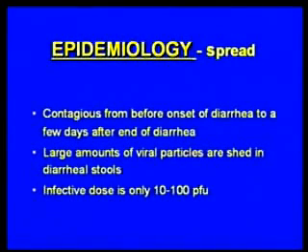But again, like viral infections, the contagious period starts before the onset of illness and ends after the illness ends. And during the illness, there's such a high viral titer in stools that is why they were able to do direct electron micrography on the stools and actually see the virus. So a large amount of infective particles in the stools is important.